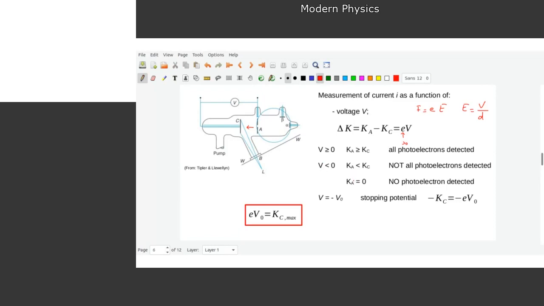In the limiting case where they arrive here with Ka equal to 0, they won't be detected. And so you will detect no photoelectron at all if this voltage is such that even the fastest photoelectrons are stopped here before passing this grid.